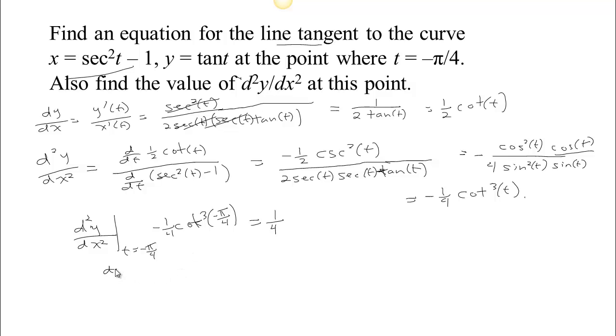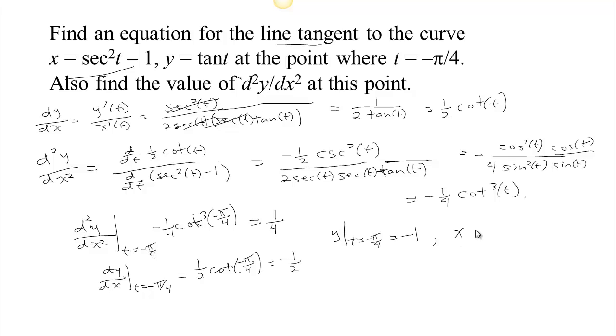Well, the slope, dy dx, at this particular time, at t equals minus pi fourths, is, let's see, 1/2 the cotangent of minus pi fourths. And the cotangent of minus pi fourths is minus 1, so we get minus 1/2. So at the same time, the value of y at t equals minus pi fourths is, let's see, the tangent of minus pi fourths is the same as the cotangent, it's negative 1.